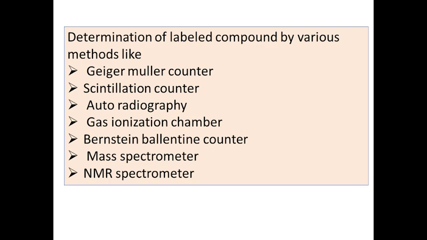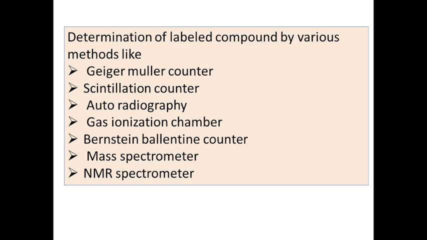The instrument counts the flashes of light which are produced by bombardment of alpha particles on a fluorescent screen. The screen is made up of zinc sulfide, and on that screen the flash of light is produced by bombardment with alpha particles.